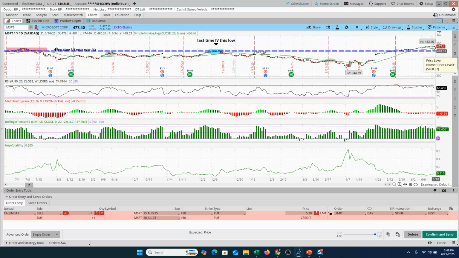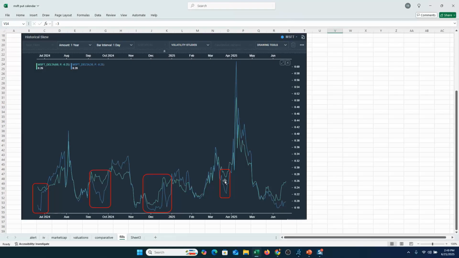And a move back towards this 450 level, that's why that 450 strike was chosen. So we're really just looking for the stock to have a slight pullback to where it was less than a month ago would be ideal here, and that term structure vol flipping from a slight positive to a negative many times, as we said, does indicate the fact that things are getting a little too extreme.